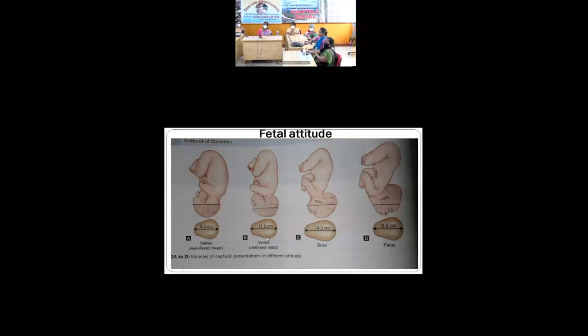This is when the baby deflects, occipitofrontal diameter 11.5 centimeter, and the baby is slightly extended. This diameter is vertical diameter.